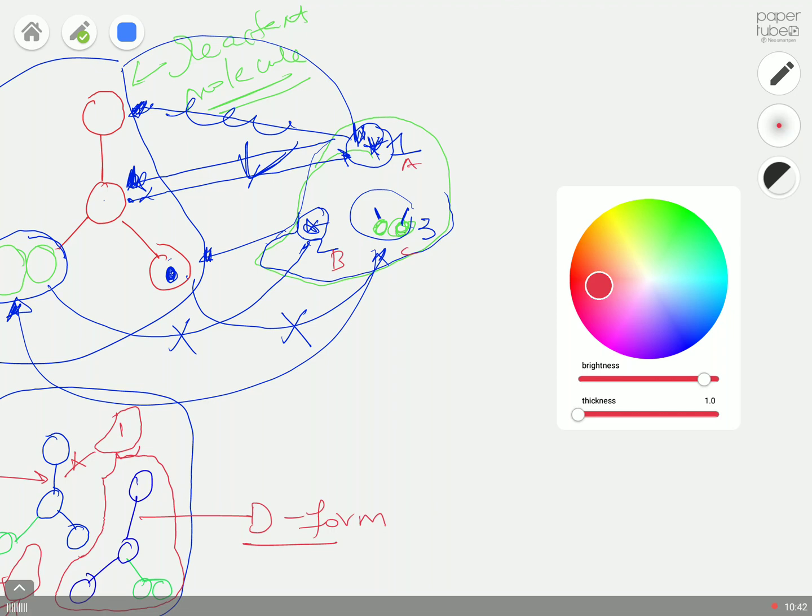So whenever an enzyme recognizes a reactant, at least 3 active sites are involved in this molecular recognition process. It's not one reactive site, it's not 2 reactive sites. If your enzyme can recognize a particular reactant, at least 3 reactive sites must be involved. So this is his hypothesis.